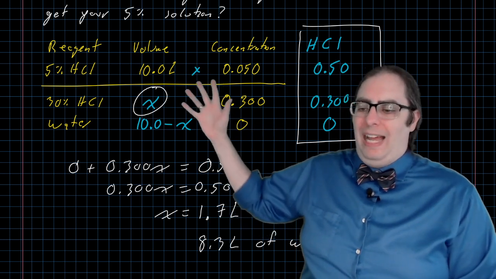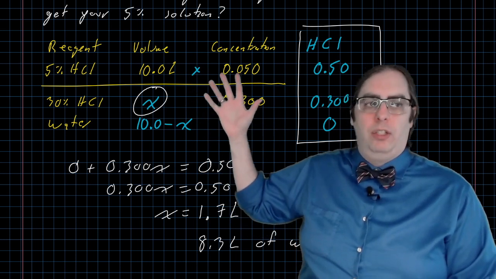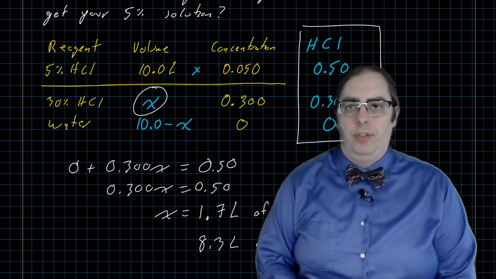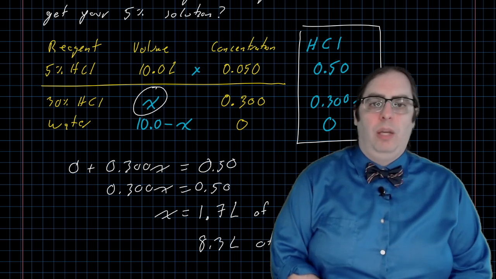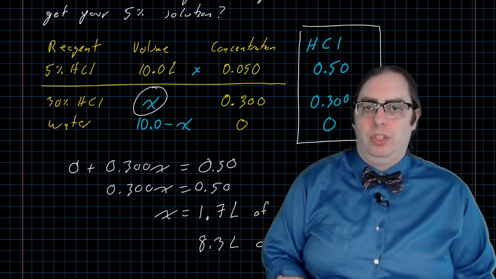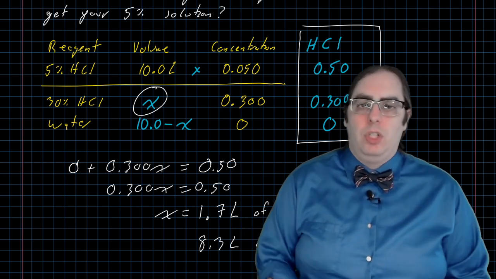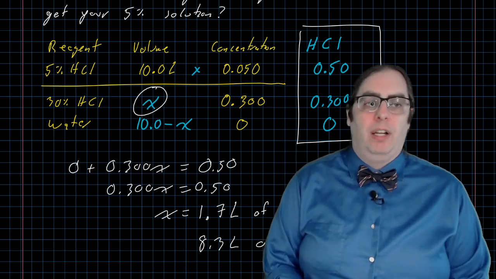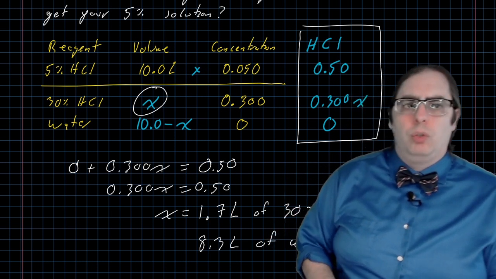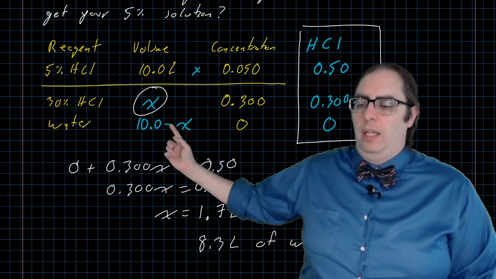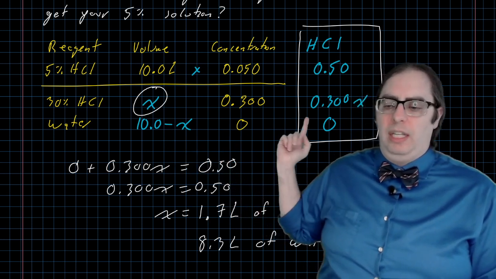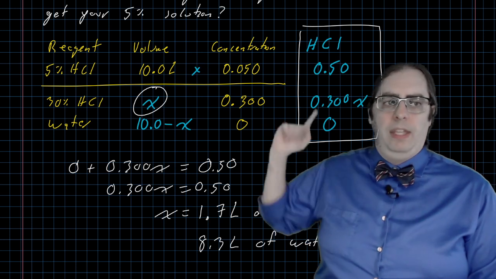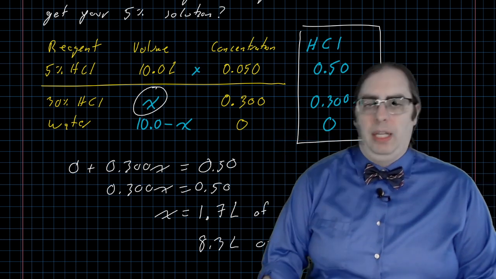Those things all have some sort of a rate to them. In this case, it was a concentration. Sometimes it will be a cost. Sometimes it will be a color saturation. Sometimes it will be, I don't even know what else, but it could be much of anything. And you should realize that if you multiply the amount times whatever property there is, it will give you the amount of that property.